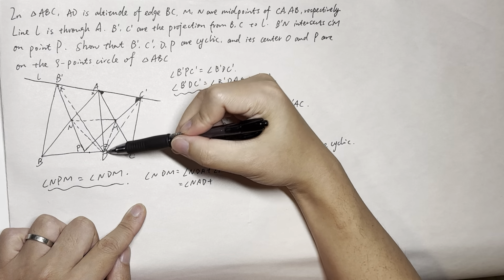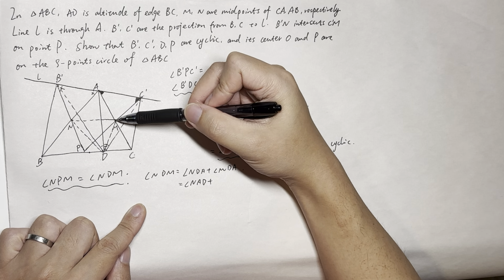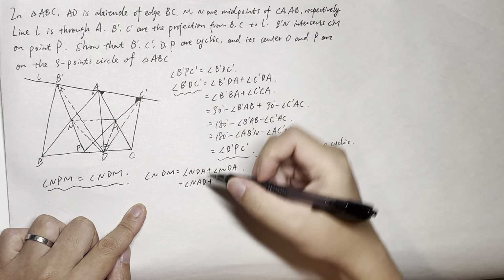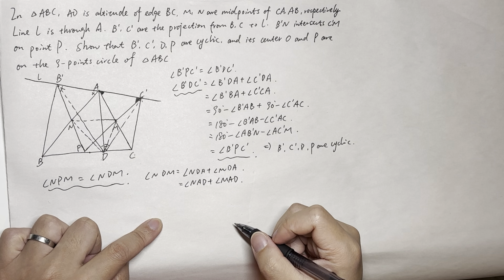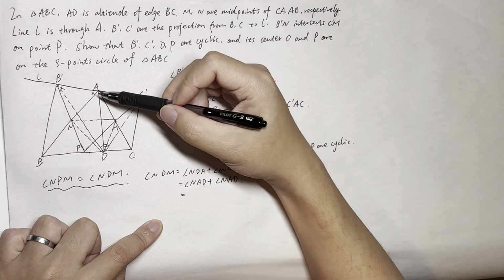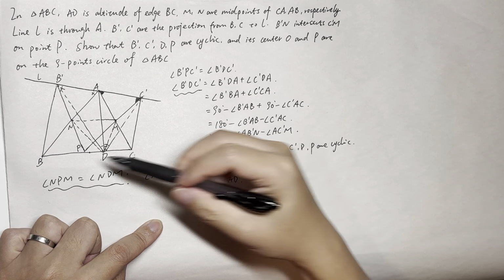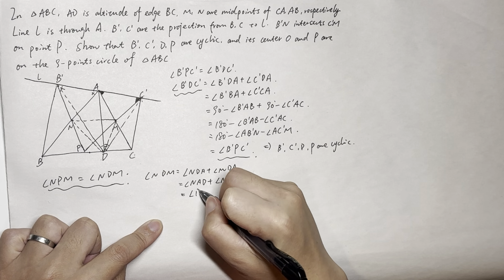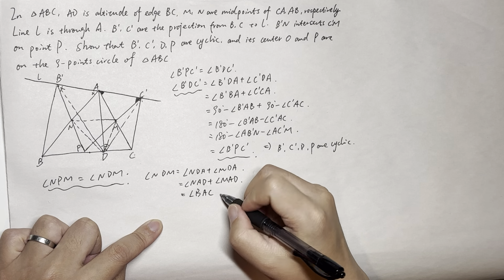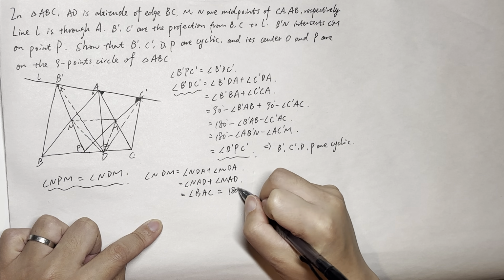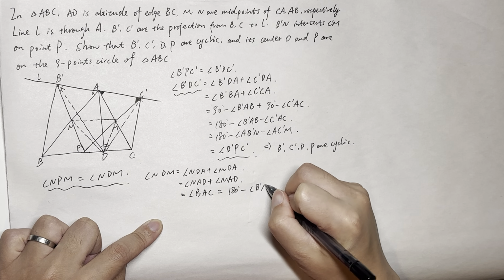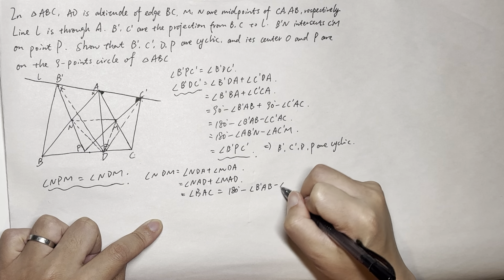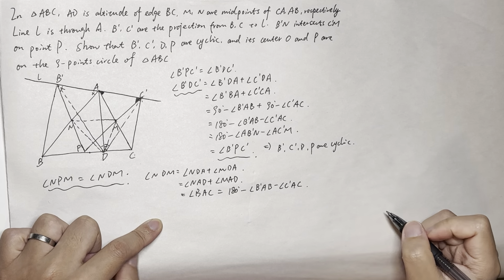And angle MDA equals angle MAD, and this equals angle BAC, which equals 180 degrees minus angle B prime AB minus angle C prime AC, right?